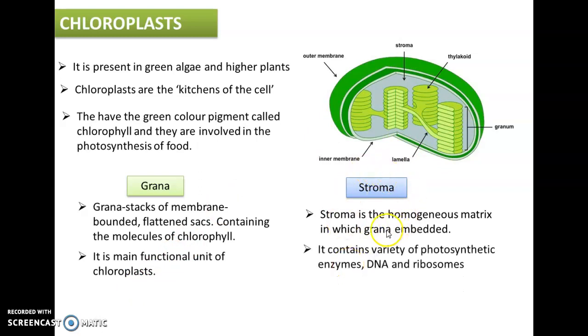The stroma contains a variety of photosynthetic enzymes, ribosomes and DNA. The grana is a site of light reaction and the stroma is a site of dark reaction. This light reaction and dark reaction are related to the process of photosynthesis.